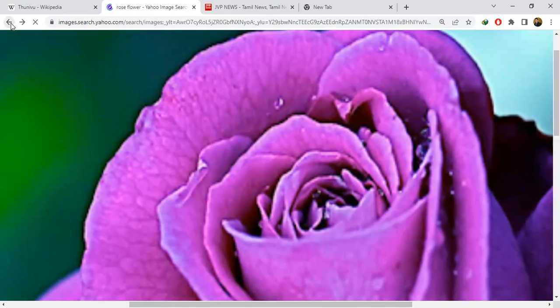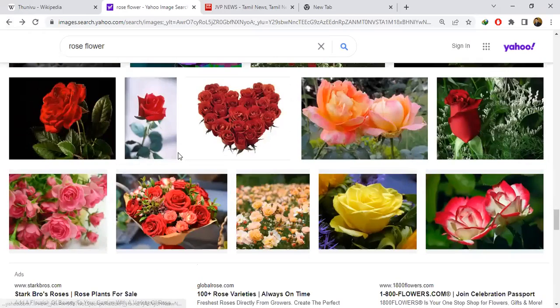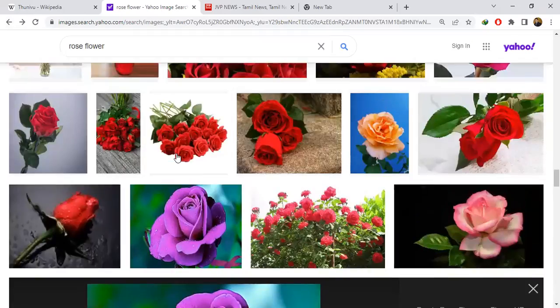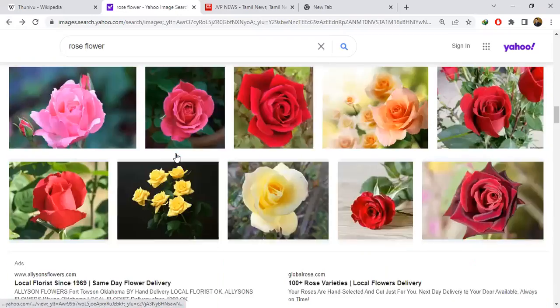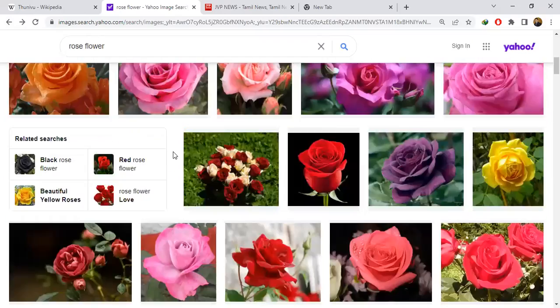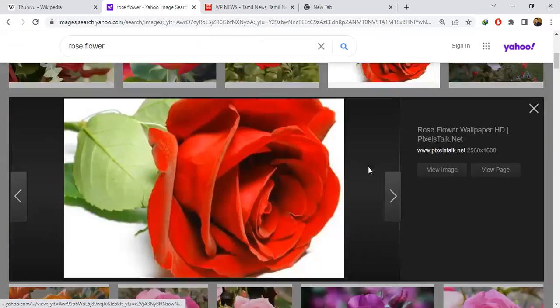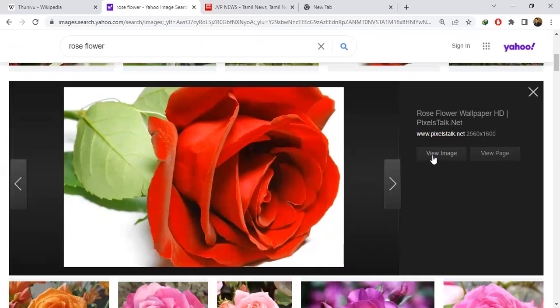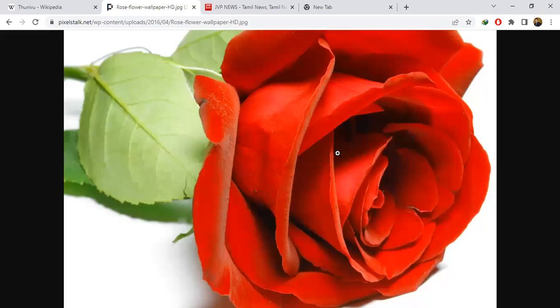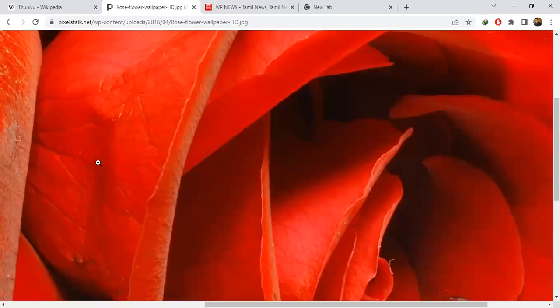Understood? Because its resolution is low, when you magnify it, what is happening to its clarity? Now this one has a higher resolution. Even at this level, does its clarity decrease? No. Can you understand the difference? Yes, sir. One side we can say resolution is the clarity.